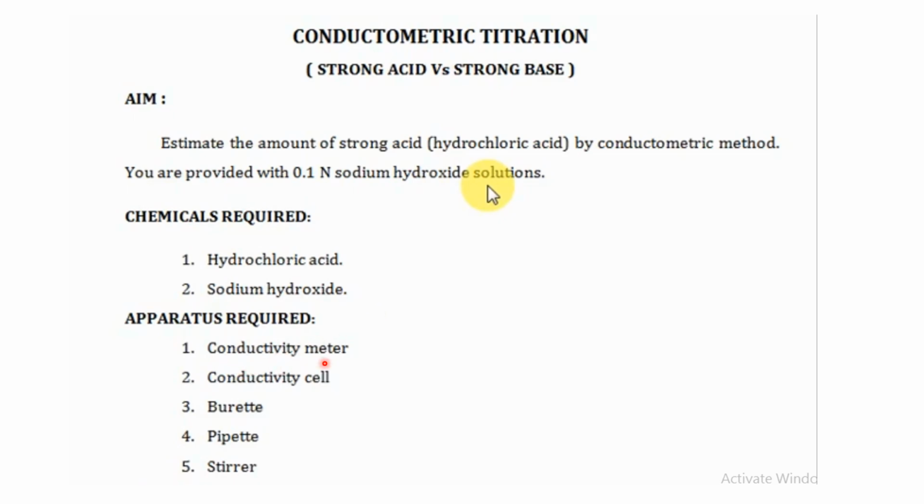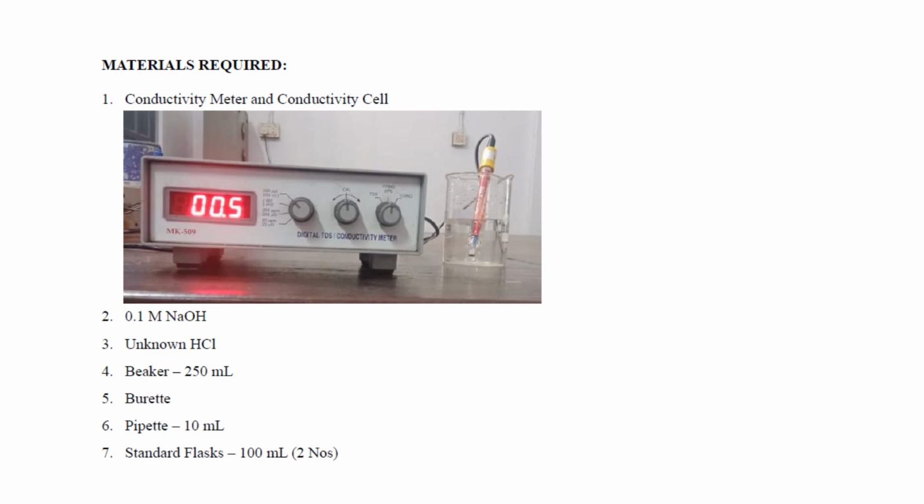We need a conductivity meter, conductivity cell, burette, pipette, and stirrer. So these are the instruments: conductivity meter. The red one is the conductivity cell. The beaker containing solution is the unknown HCl solution. We are going to take base solution in the burette, 0.1 molar NaOH, and unknown HCl in a beaker.